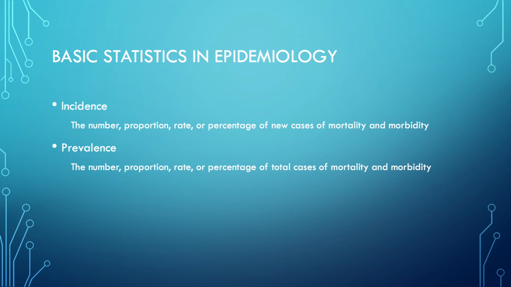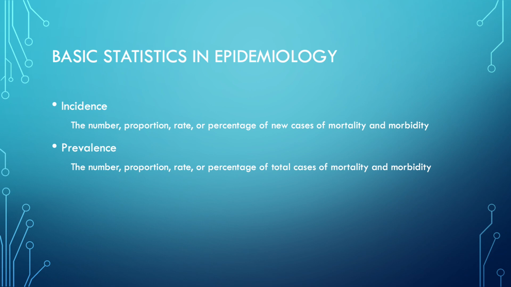So when we're looking at statistics in epidemiology, there are some basics. The first is incidence. This is the number, proportion, rate, or percentage of new cases of mortality and morbidity. Incidence can be calculated in a randomized clinical trial or a prospective longitudinal cohort.